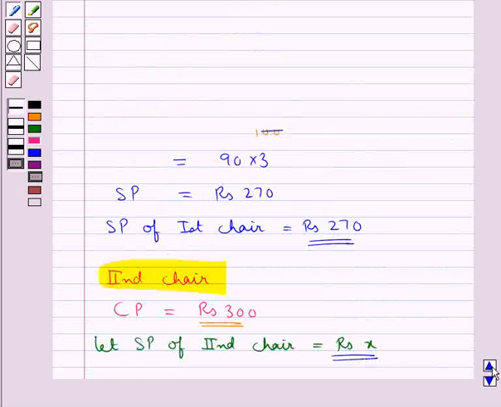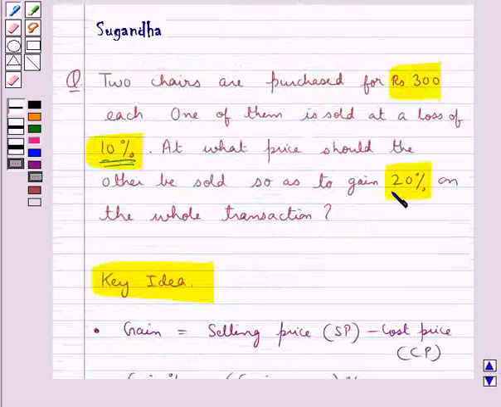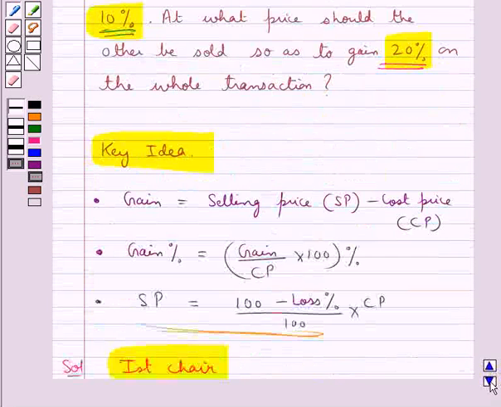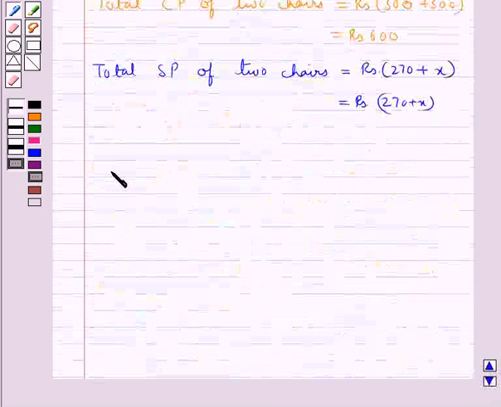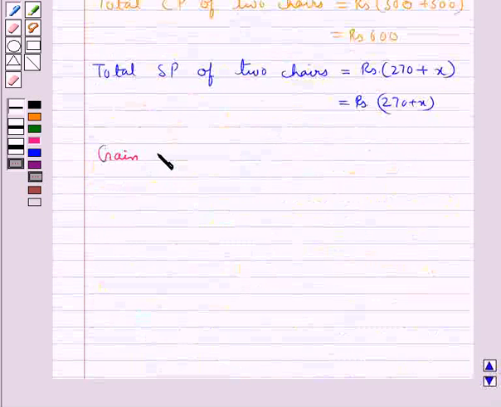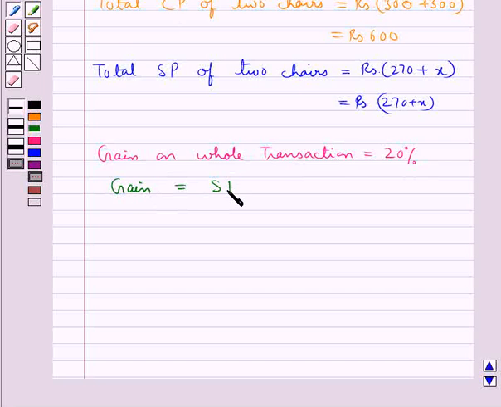Now as in the question it's given that the gain on the whole transaction is 20%. So this means here we have gain, and we know that gain is equal to selling price SP minus the cost price CP.